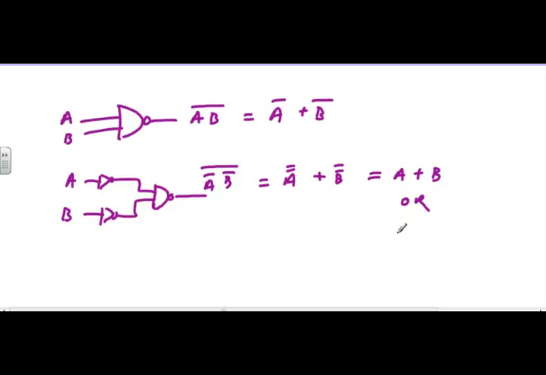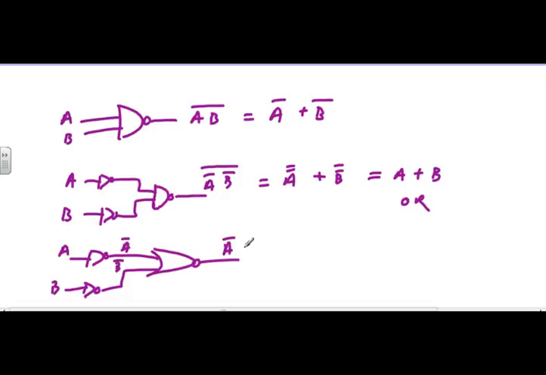And the same thing if I go the other way. If I invert the inputs to a NOR, what's going to happen? I got A, I got B, I got A naught, I got B naught, I got A naught or B naught, knotted.